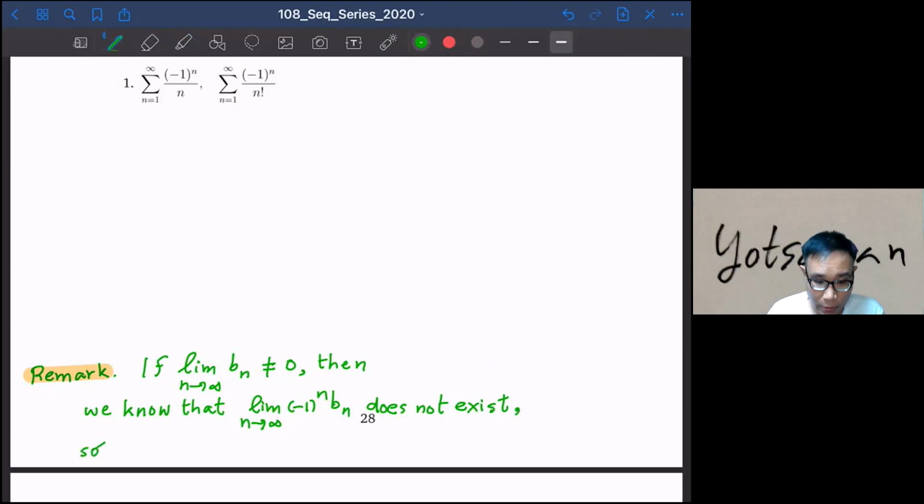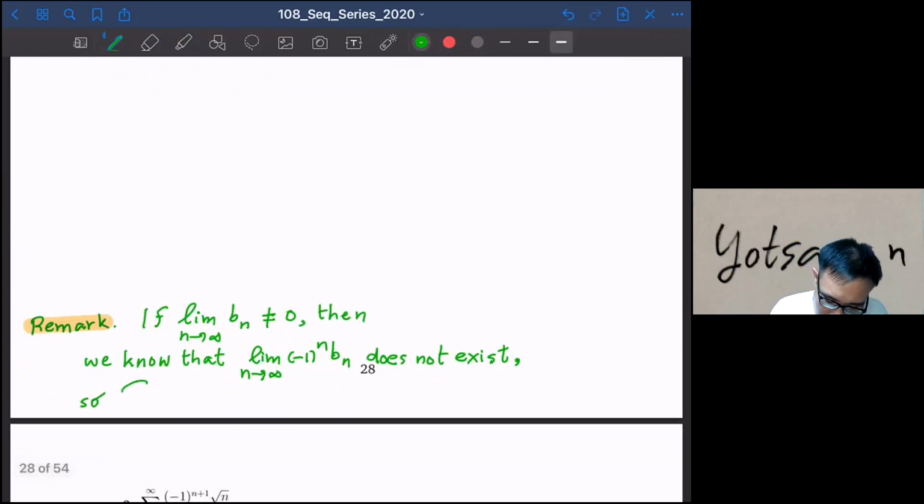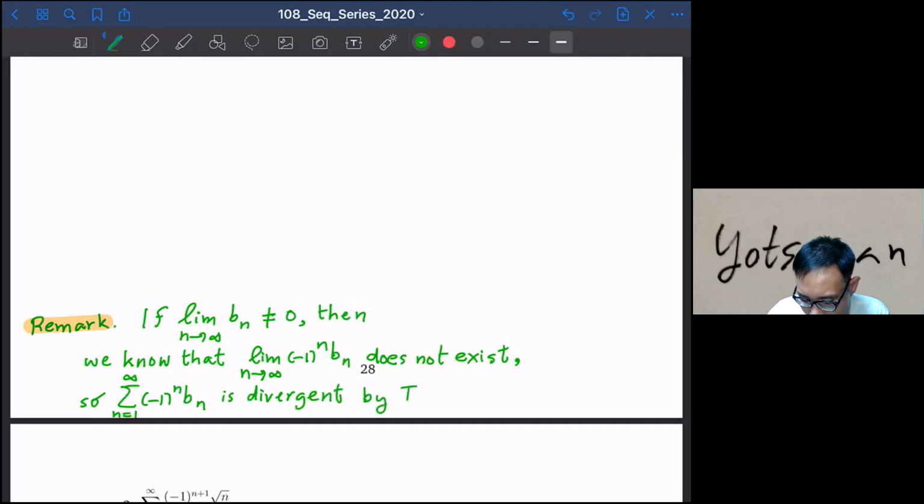So we can conclude that the limit of (-1)^n bn does not exist, and the series summation n equal to 1 to infinity of (-1)^n bn is divergent by the test for divergence.